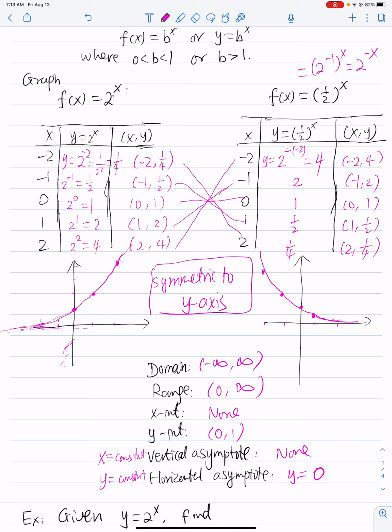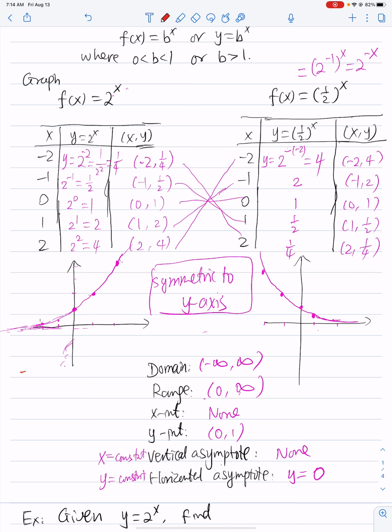So what will be the domain here? It's the same. What is the range? Same. X-intercept? Same. Y-intercept? Same. Vertical asymptote? No. Horizontal asymptote? Yes. What is the difference between these two pictures?